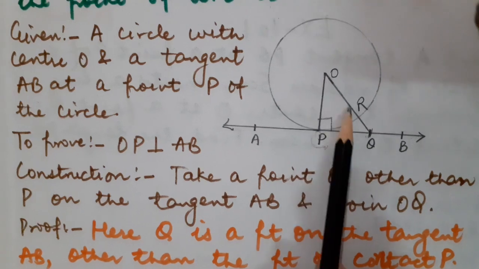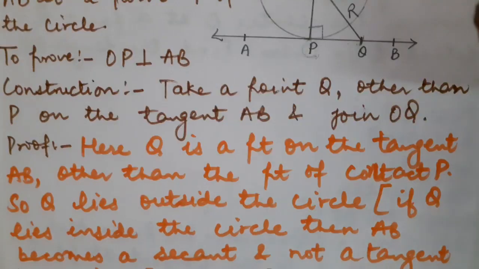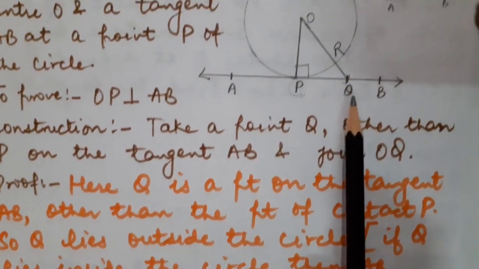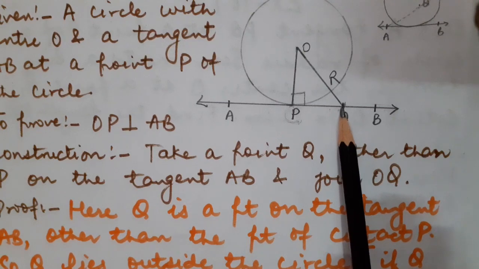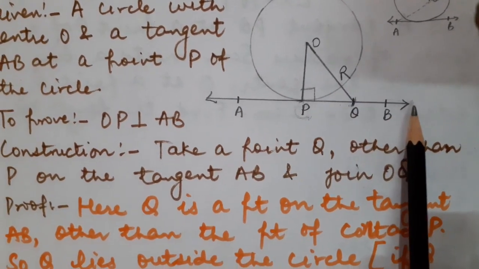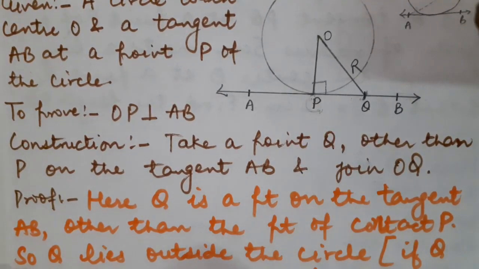So I have got a line segment, that is OQ. Correct, children? Now its proof is, here Q is a point. Children, you can see that there is a point Q on the tangent, that is AB, other than the point of contact, which is P.